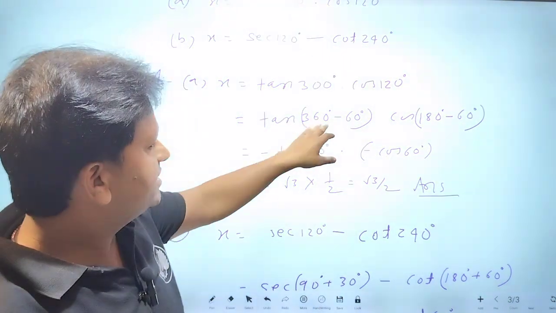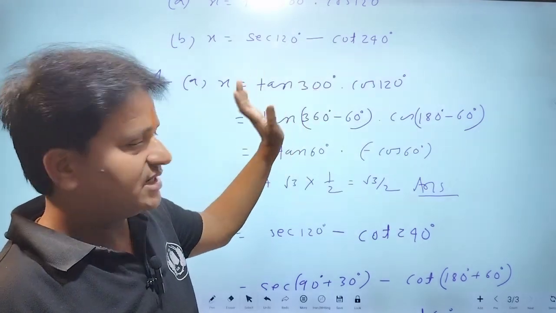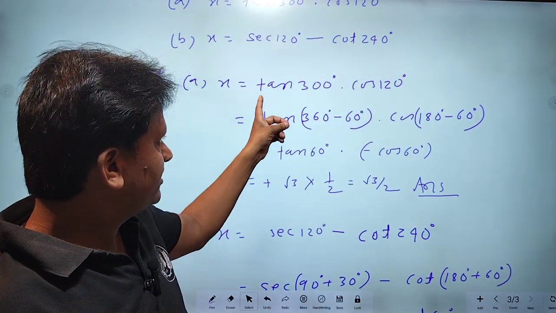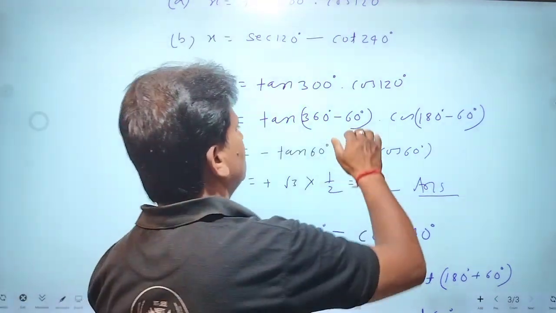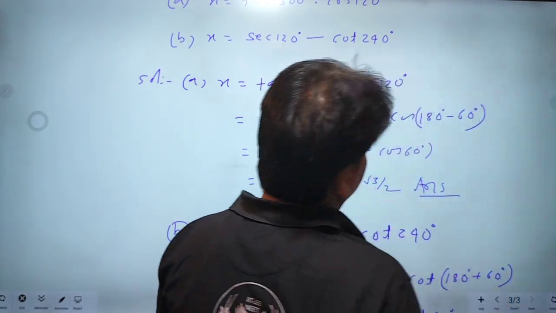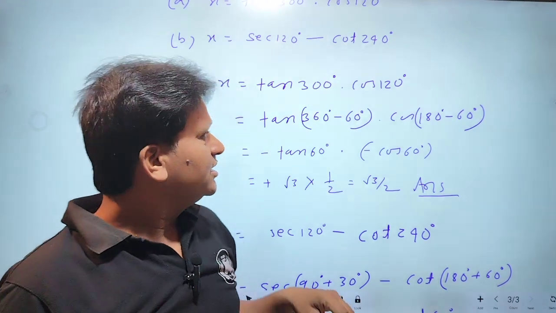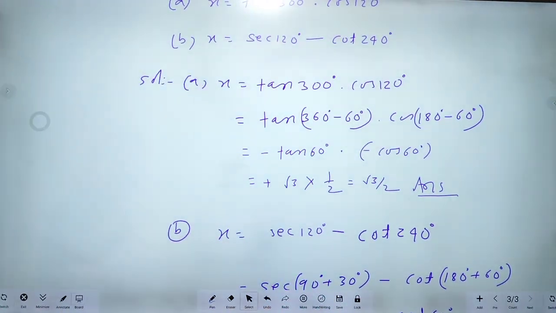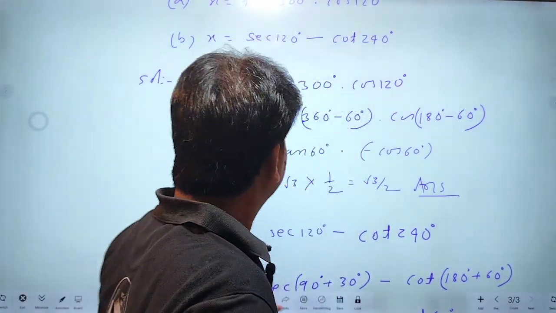Okay? 360 degree minus 60 degree, it will be equal to 300 degree. Tan 300 can be written like this, and cos 120 degree is also written as cos 90 degree plus 30 degree.